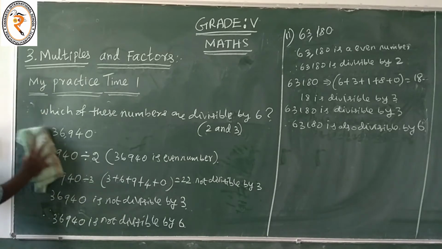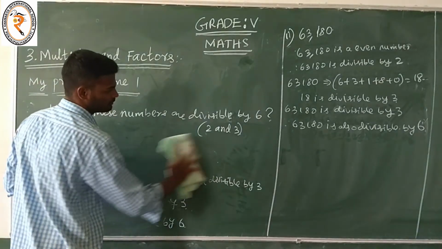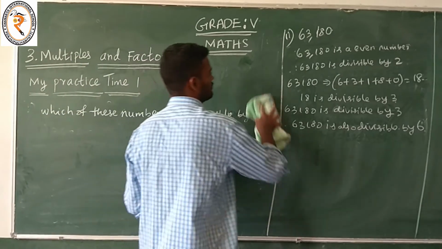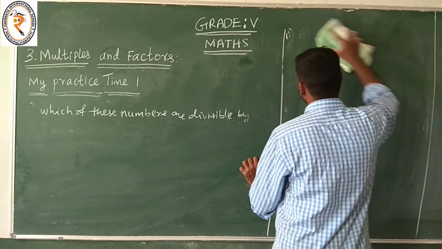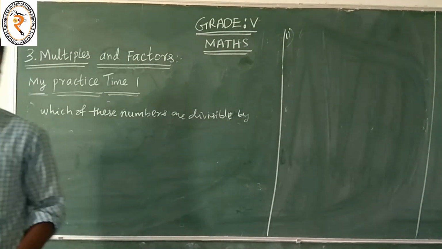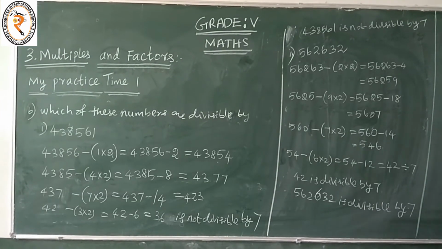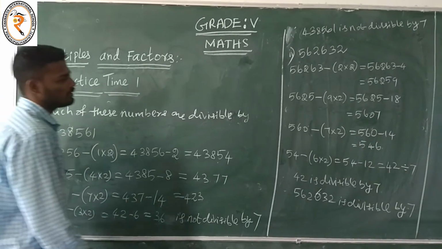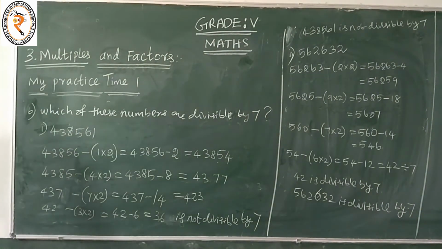The rule of divisibility by 7, question number 1.